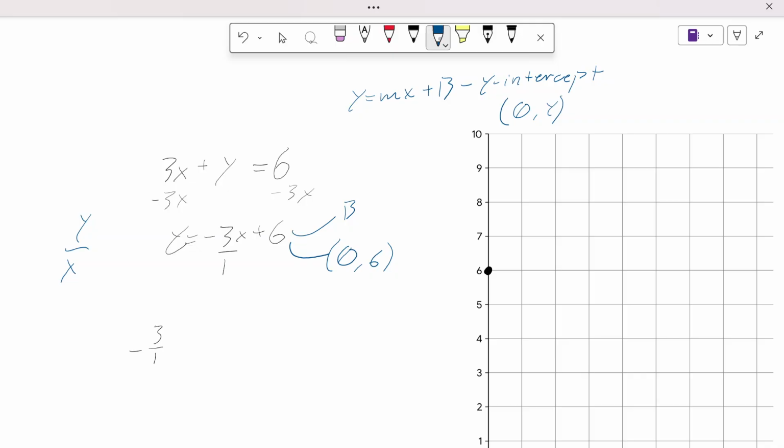Because we have a negative sign, we're going downwards. The 3 is on the y-axis, and y only ever goes up and down, so we're going down 3 and over 1. Down 3 over 1 will be our trend.